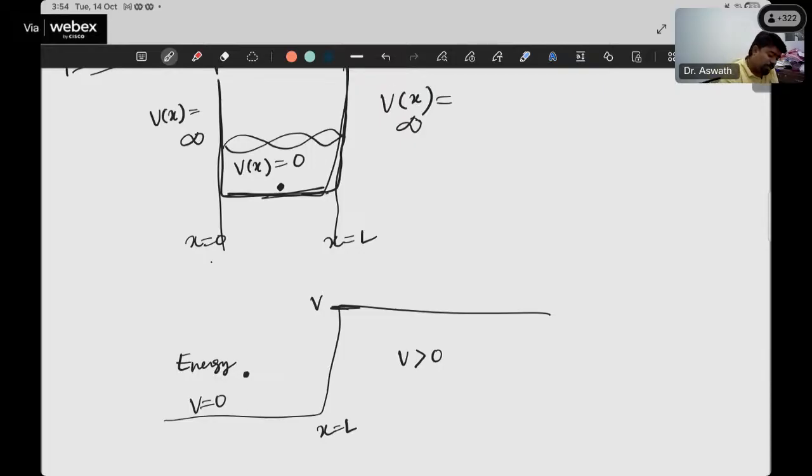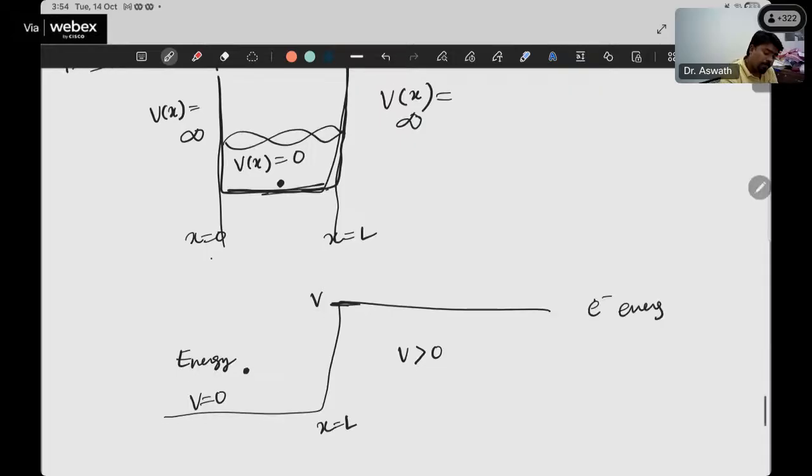The usual understanding is, if the electron energy E is less than the V potential, what do we think? Nobody can climb up because the energy is very low.